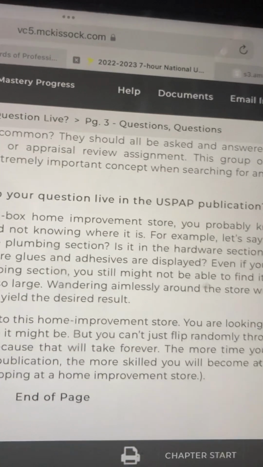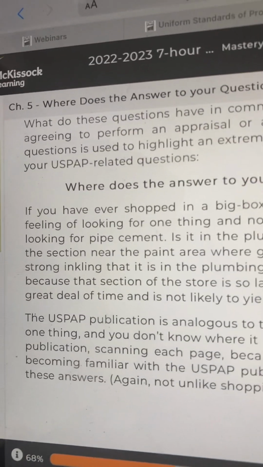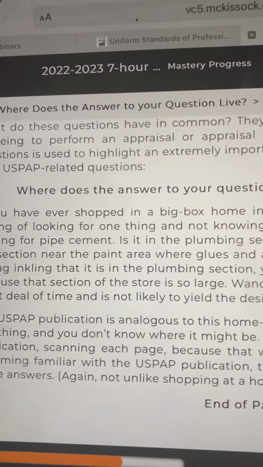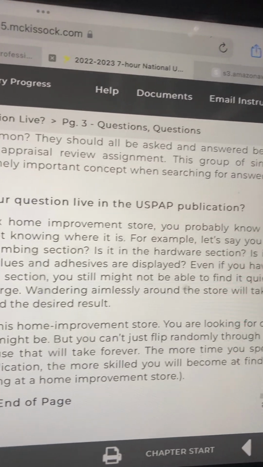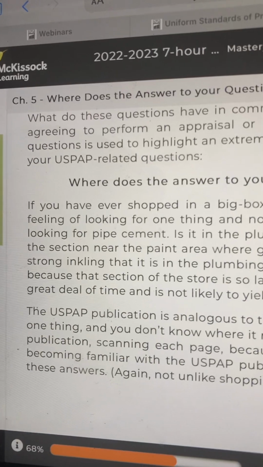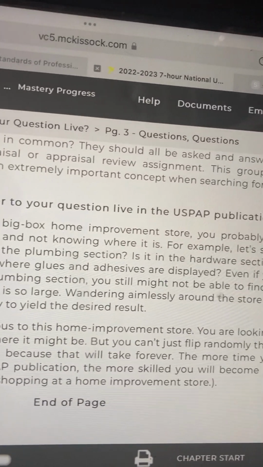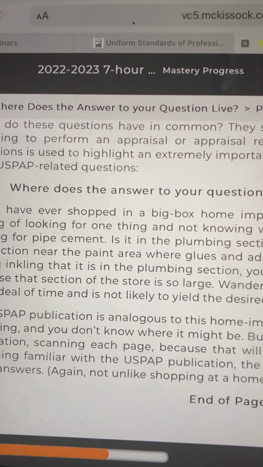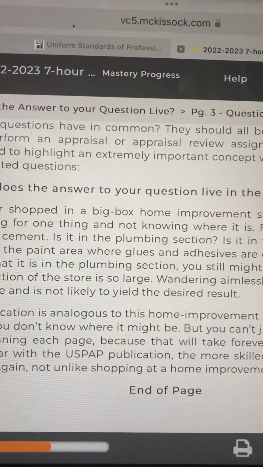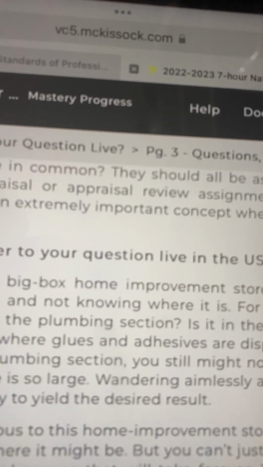But you can't just flip randomly through the publication, scanning each page, because that will take forever. The more time you spend becoming familiar with the USPAP publication, the more skilled you will become at finding these answers. Again, not unlike shopping at a home improvement store. End of page.